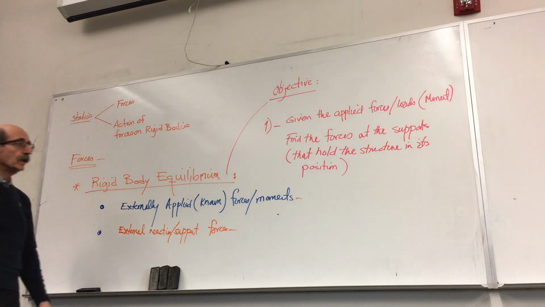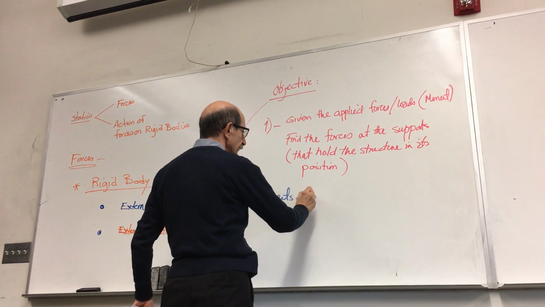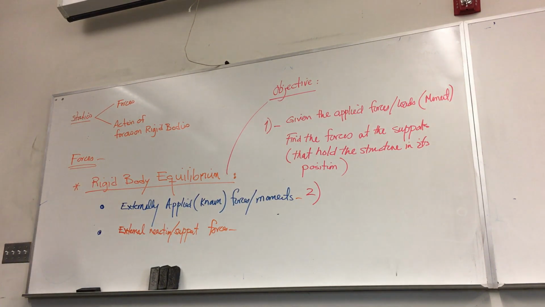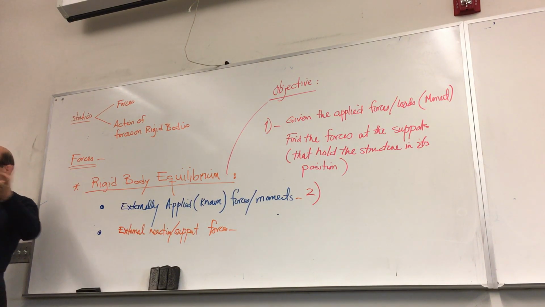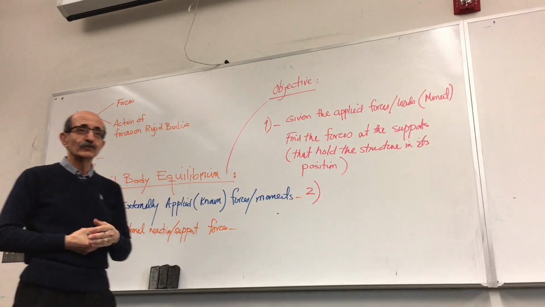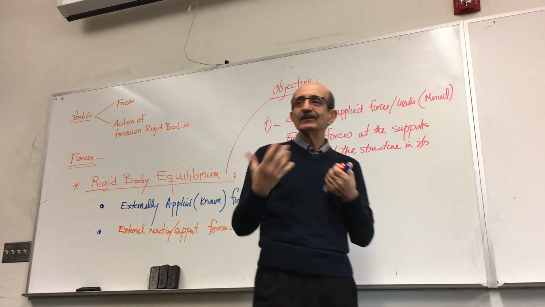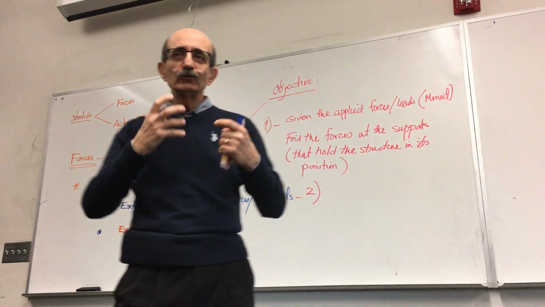Objective number two is this. Any structure you can think of in the world is made of components. Every rigid body is made of components, including your own body. If you assume that your body is rigid, you have head, you have arms, you have legs. These are pieces that are put together through some connections.